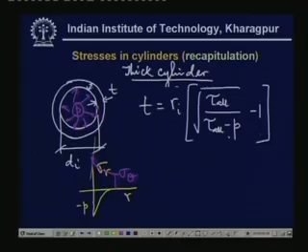Again, if P is more than tau allowable, that is the allowable shear stress, then this material will always fail in shear. So, we will have to again consider a different technique such that the strength of this cylinder could be enhanced. So this is the case when it fails in shear.